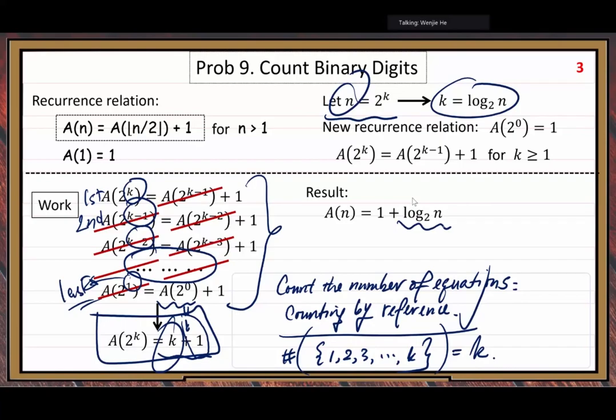So we get our final answer this time in terms of n, when n is a power of 2. When n is a power of 2, we have this answer. The answer is correct. But the question is, what if n is not a power of 2?